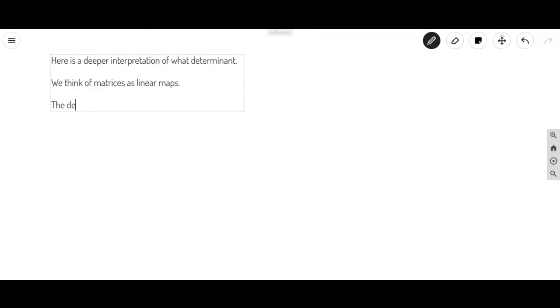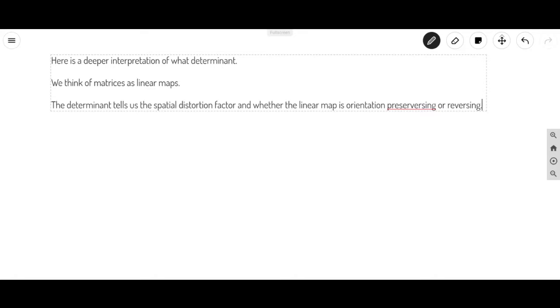And the determinant tells us the spatial distortion factor and whether the linear map is orientation preserving or reversing.